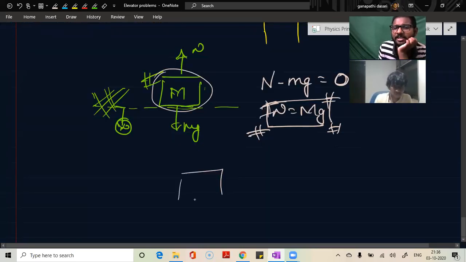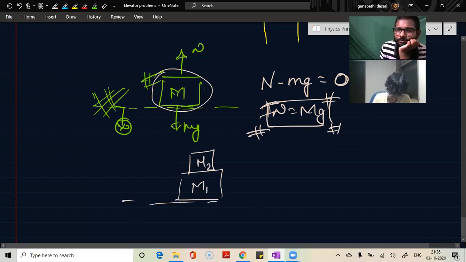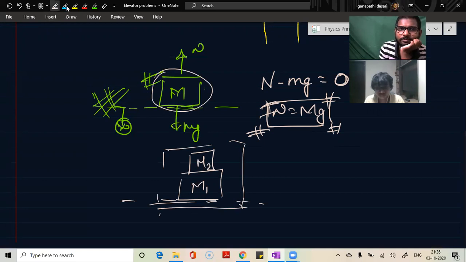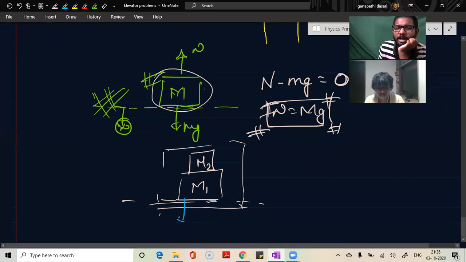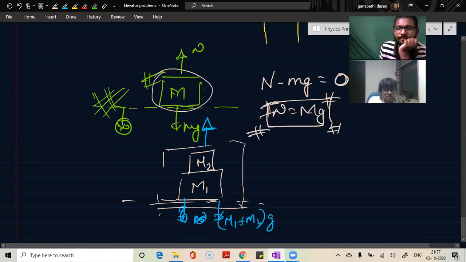Exactly on this block, you kept another block, m1, m2. Now, if we consider this entire system, there will be normal upwards, and m1 plus m2 g downwards, isn't it?